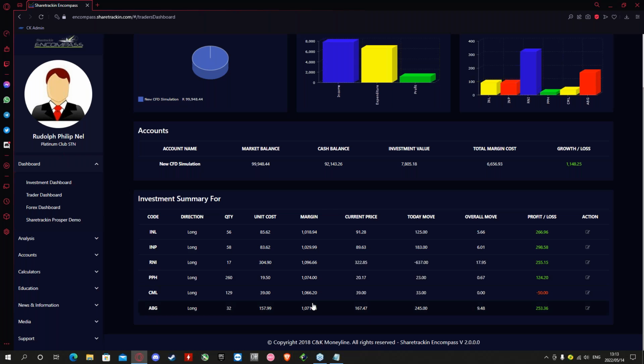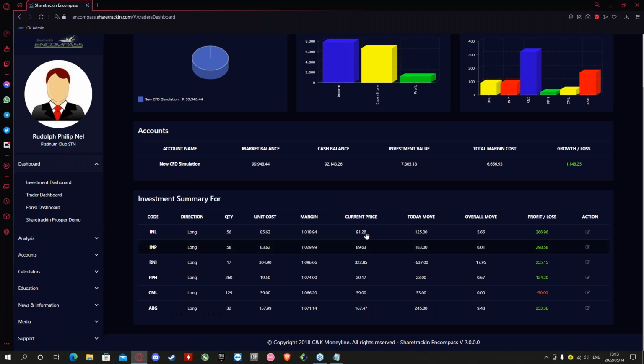Same with all these other shares. So all you do is take that amount times 5, and that would be your exposure on those shares. It doesn't show you your exposure on this page, but that would be your exposure. It will show you what your exposure is once you go and buy a share and you're on the buy page. All right, so just take note of that.